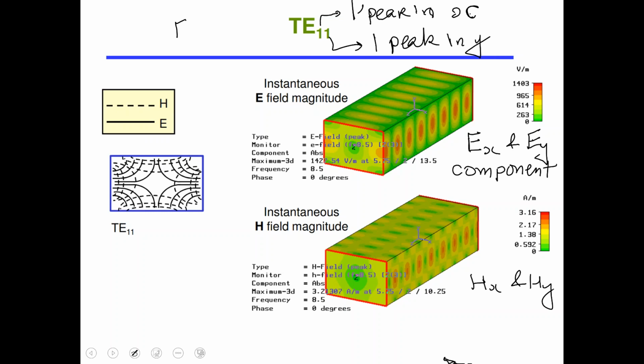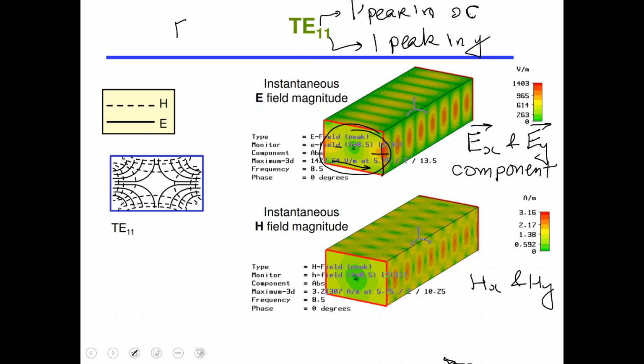What is plotted here is the sum of these two components. Ex, which is in this direction, would have a sine function in x direction and a cos function in y, and Ey would have a sine function in y direction and a cos function in x. So when you vectorially sum these two components, these are the resulting fields you get.